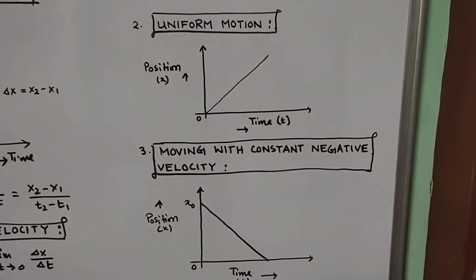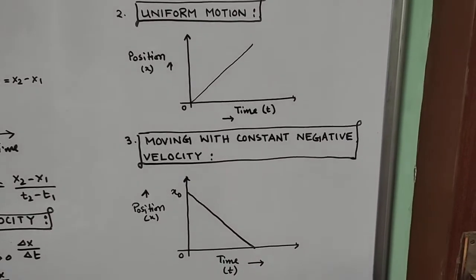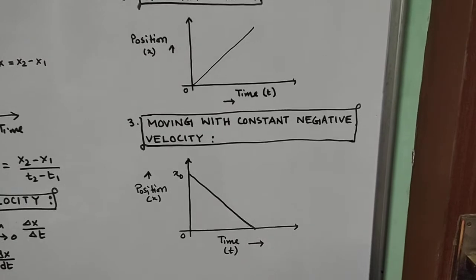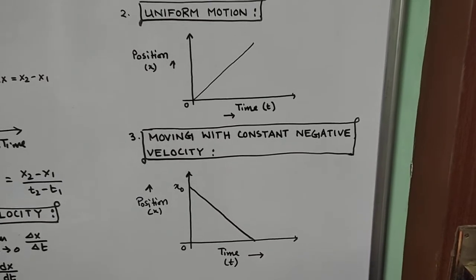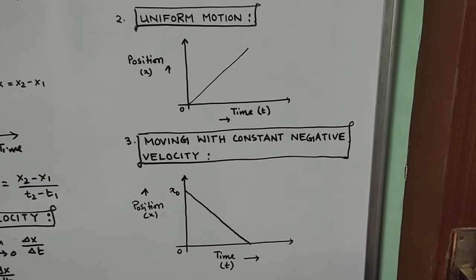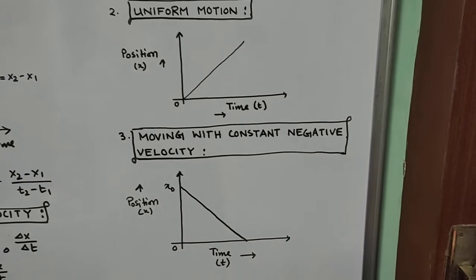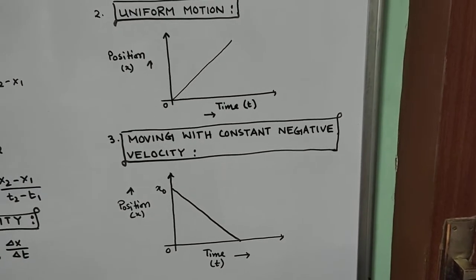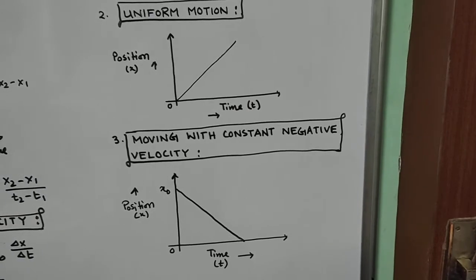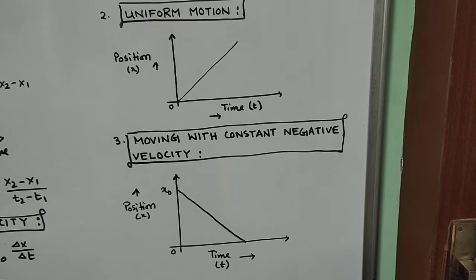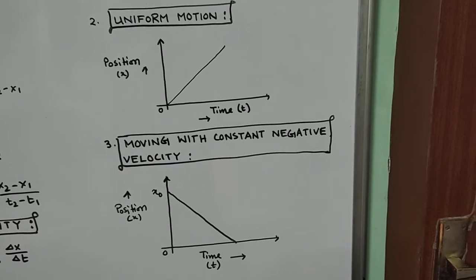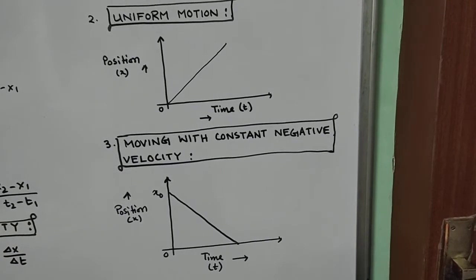Now the next one, again it's a graph considering position versus time, but this graph is a straight line with a negative slope. Now when you get this kind of graph, it shows that at time t equal to 0, its position is your x0, but as time progresses the position decreases with respect to some reference point, and ultimately the position goes to 0.